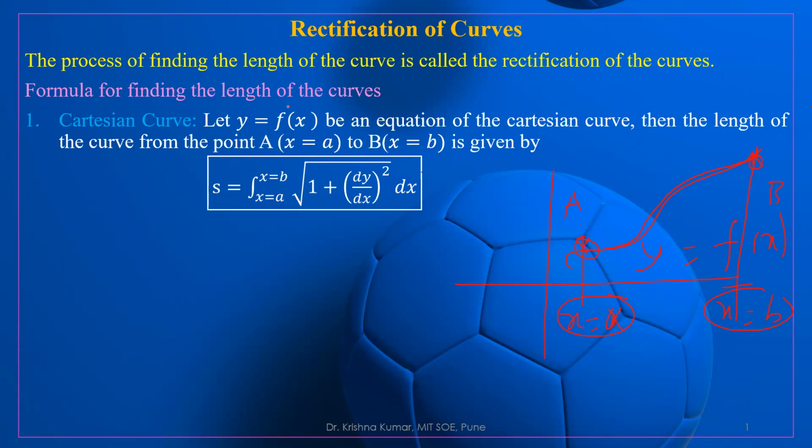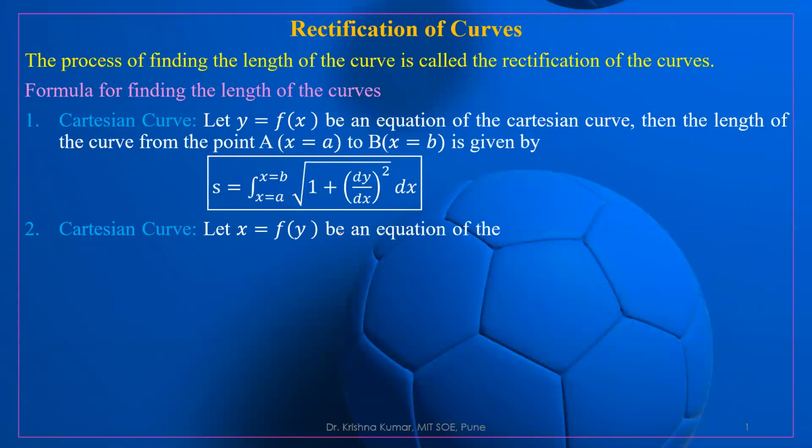Suppose we change these variables, so now x is independent and y is dependent. If you want to change it, meaning y is independent and x is dependent, then how to find out the length of the curve? Let us take another example. Let x is a function of y be an equation of the Cartesian curve.